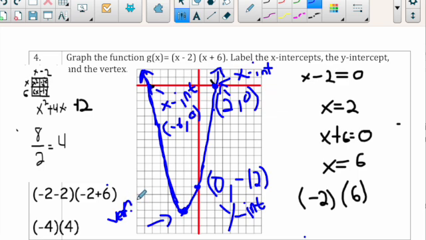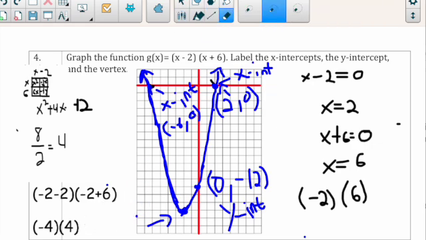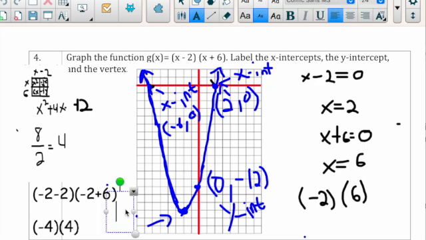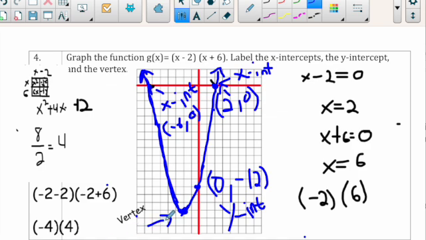This actually is an R. And it is at, we found it was -2, because that's where our axis of symmetry is, -16. Okay, and it's a minimum.